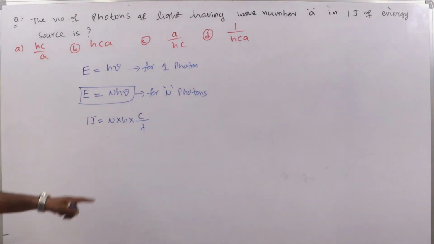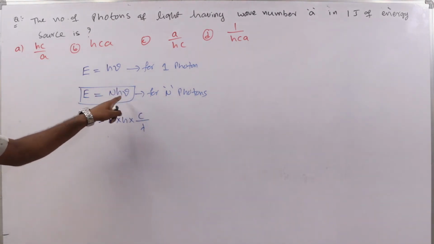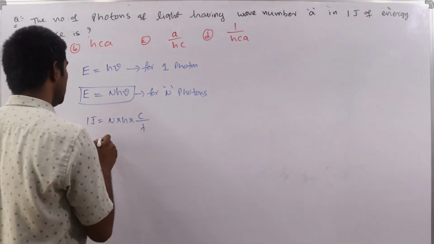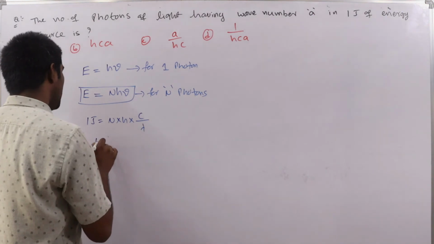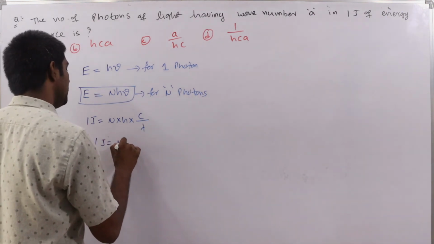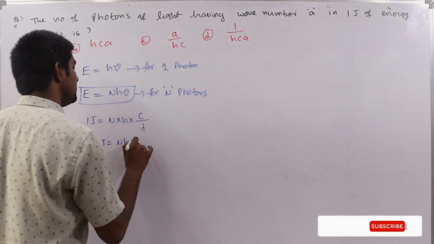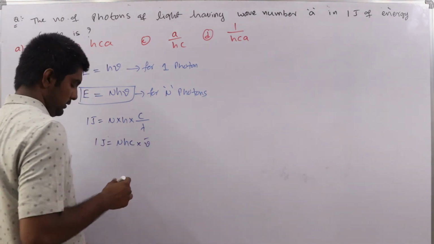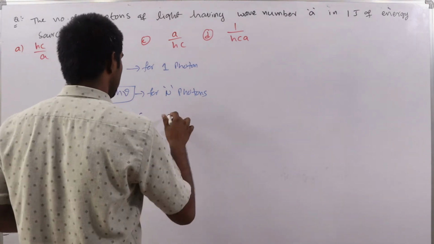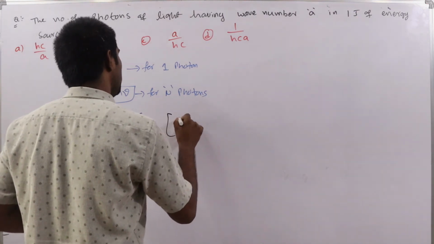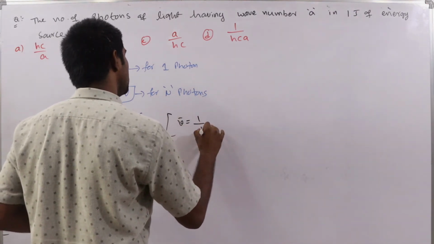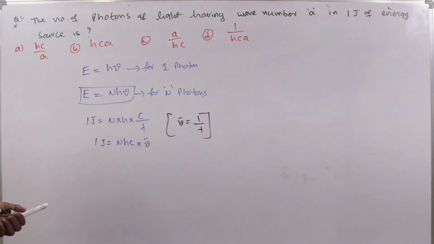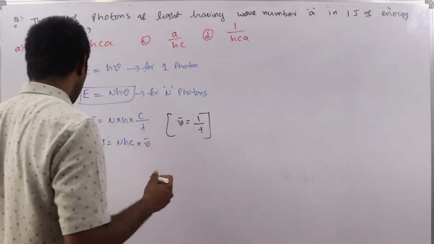This we know. So n h nu we can write as n h c by lambda, as we just discussed, and we can write 1 joule equal to n h c into nu bar, because we know that nu bar is the wave number, that is nothing but 1 by lambda.